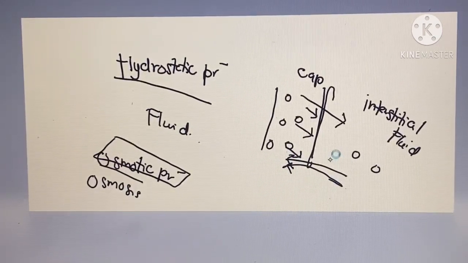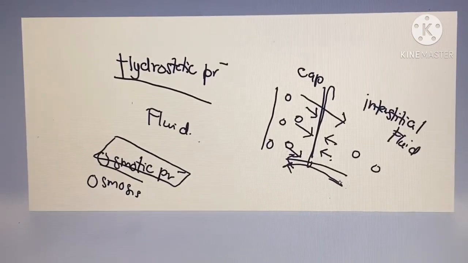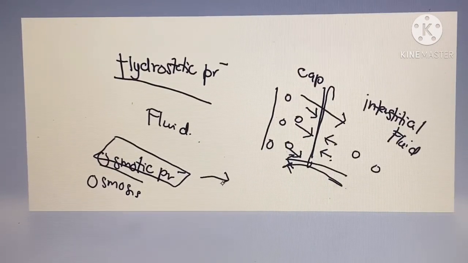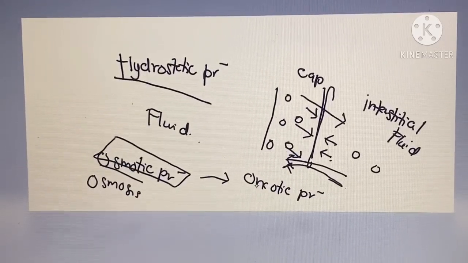So that is what actually stops the movement of the water from the interstitial into the capillary. We have another term that we call oncotic pressure. Oncotic pressure is actually the colloid osmotic pressure.